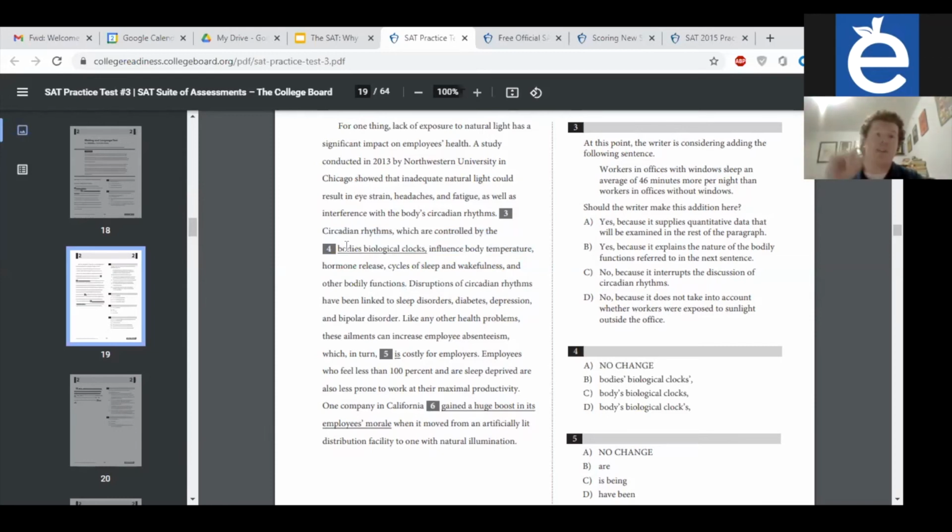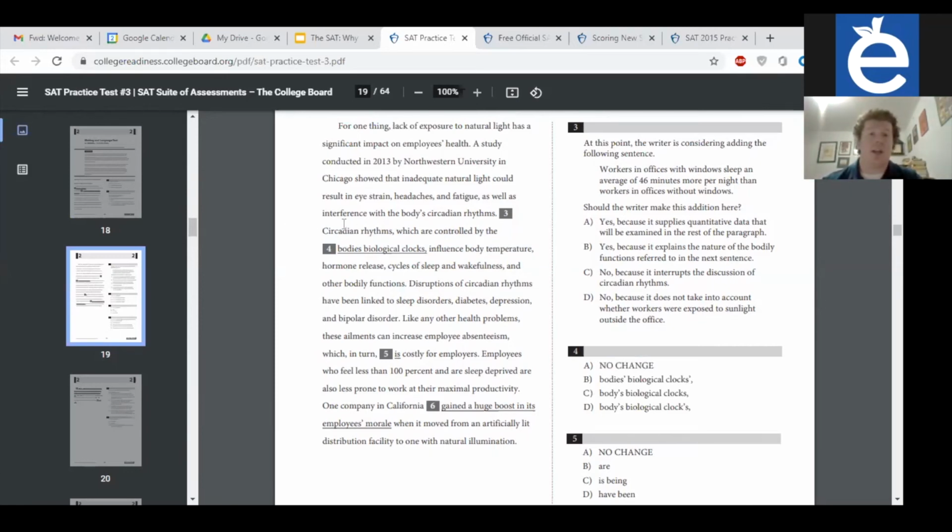When the apostrophe is inside the S, apostrophe S, that means one thing has something else, or multiple things. If the apostrophe comes after the S, so S apostrophe, that means multiple things have something, a plural possessive, pardon me.